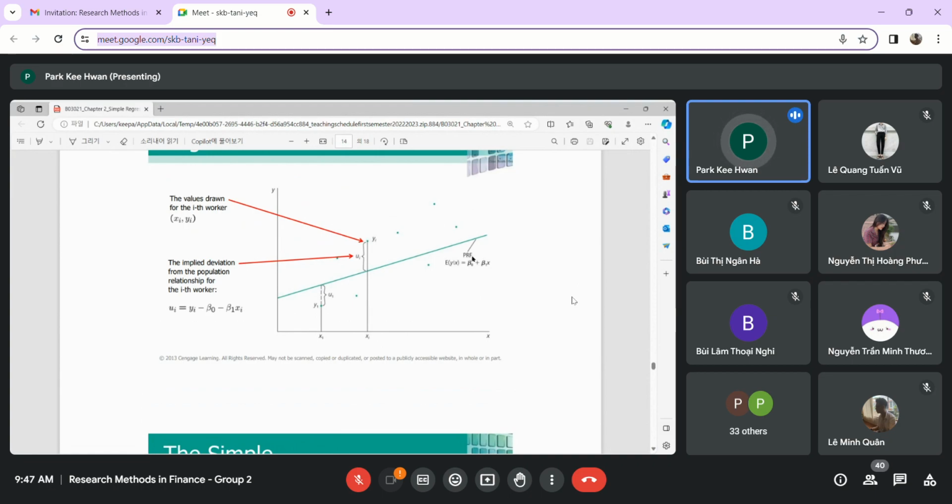And this shows the true relationship between the mean of y and the variable x. In this case, we have the parameters beta naught and beta 1. These are population parameters, which we will never know unless we survey the whole population.